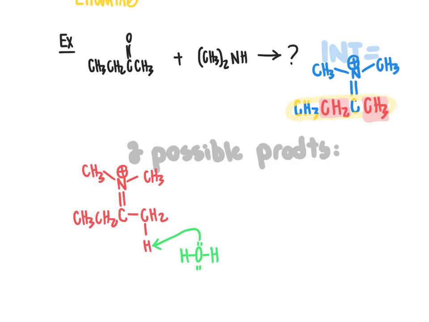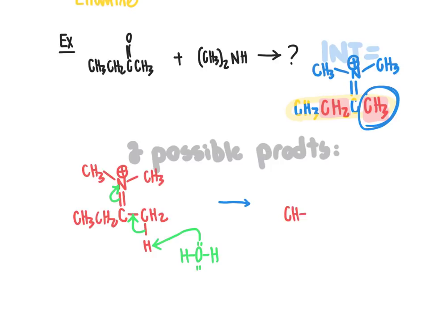So it comes in, grabs that proton, the carbon-hydrogen bond breaks, comes over, and that forces the electrons from the pi bond up onto the nitrogen, giving us our enamine that would result from deprotonating on that carbon atom on the right here, the one that I circled just now.